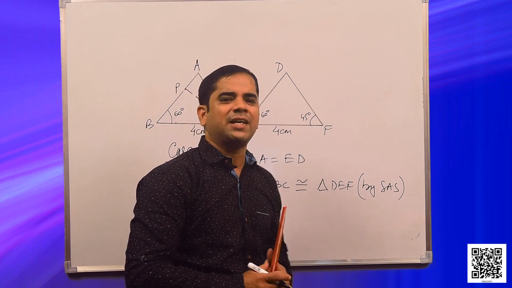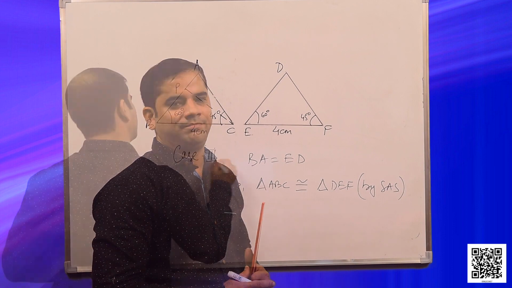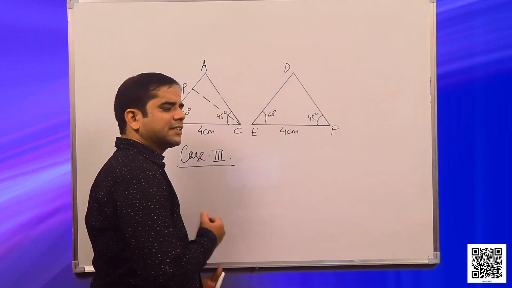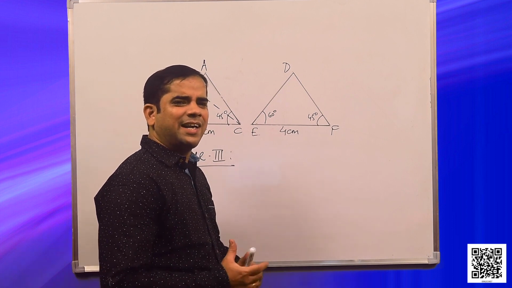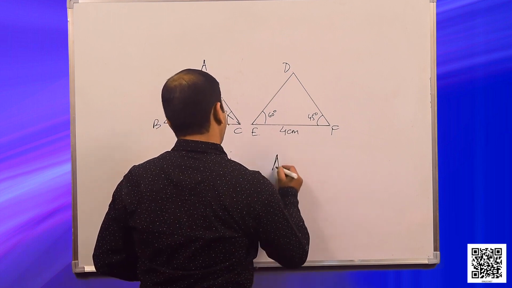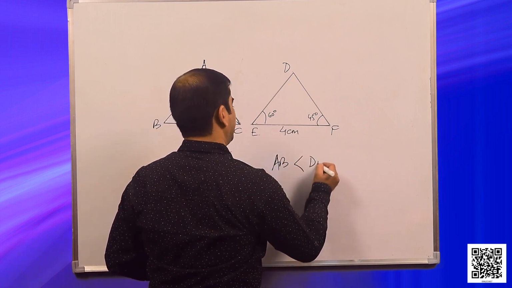So, let us discuss case 3 and let us take AB less than DE.